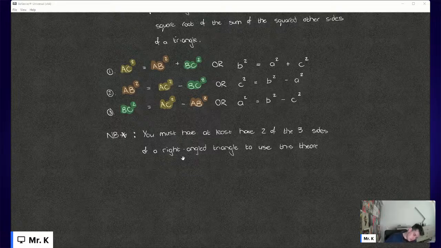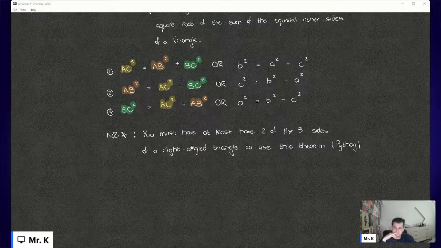Right, to use this theorem, which is Pythag for short. Pythag being short for Pythagoras.